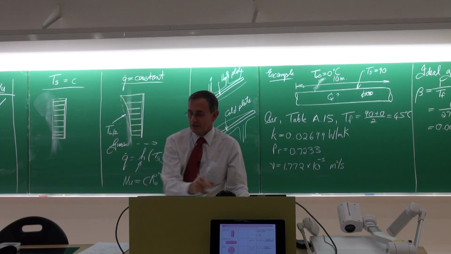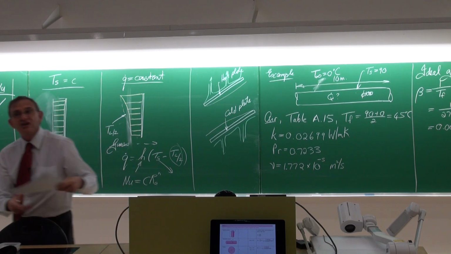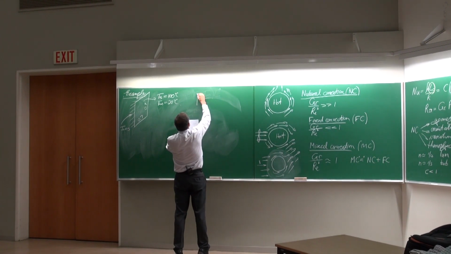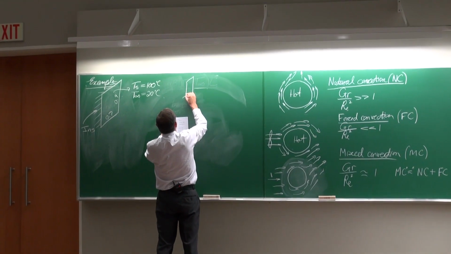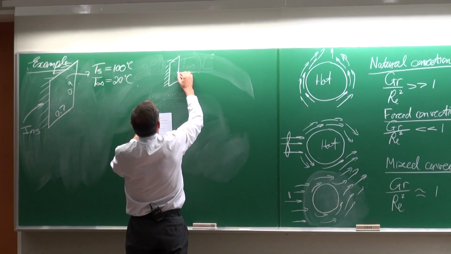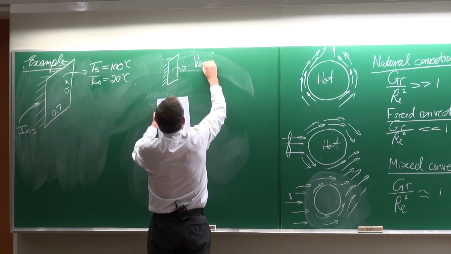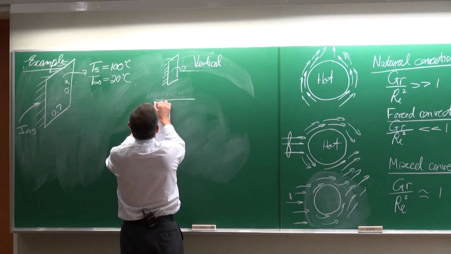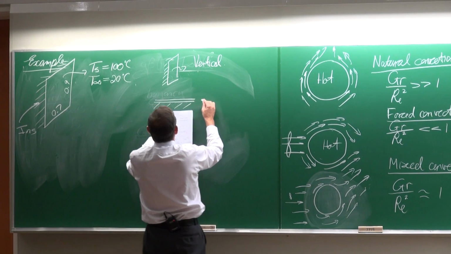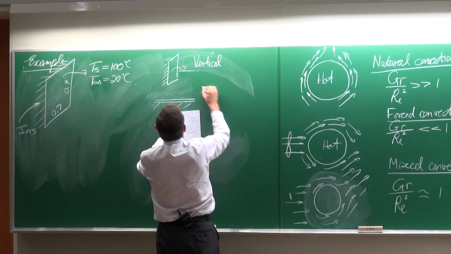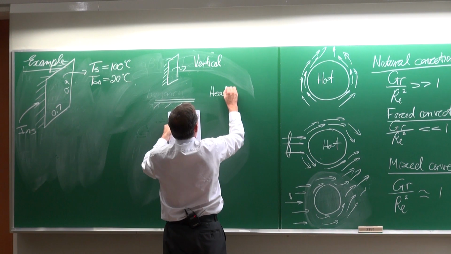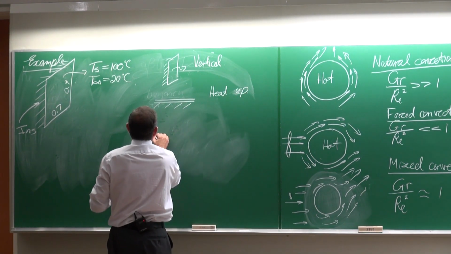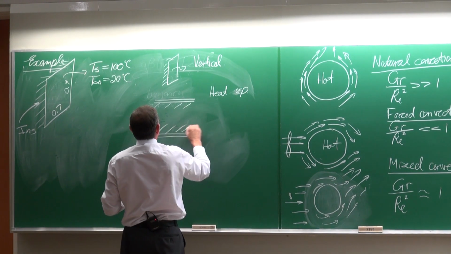Okay. Let's see. So we are going to do the 3 different orientations. So the first orientation, if I can show it schematically, is vertical. Then the other one is going to be the heat transfer going in an upward direction, and for this one going in a downward direction.